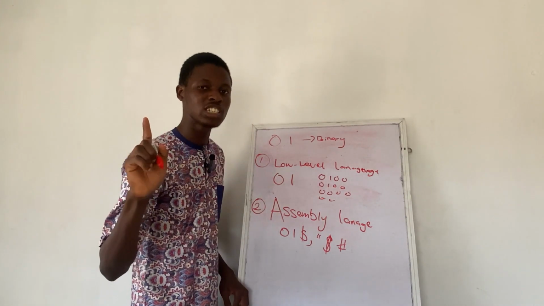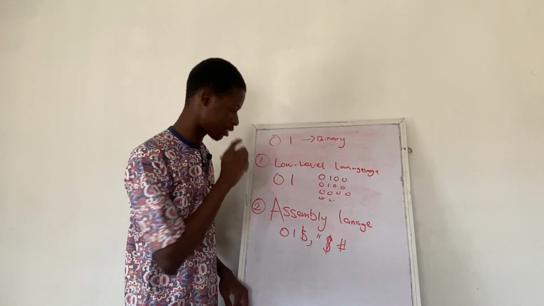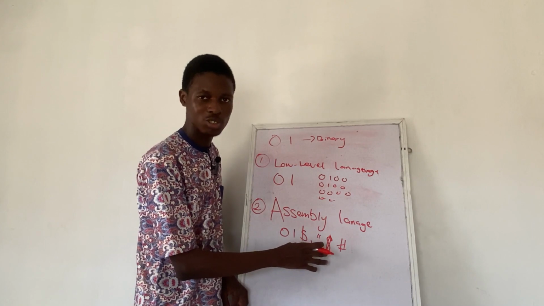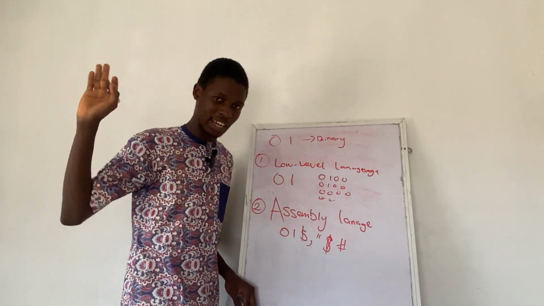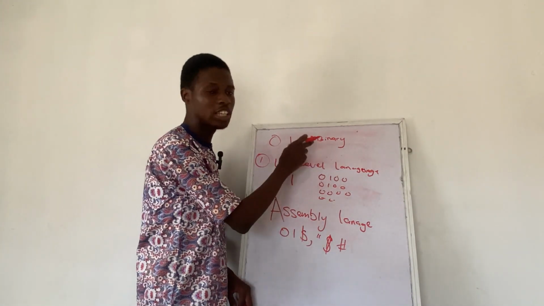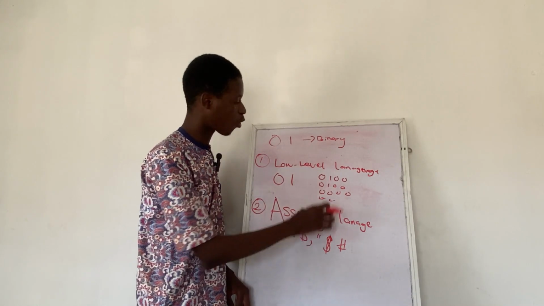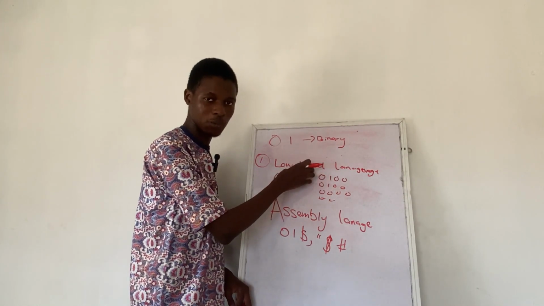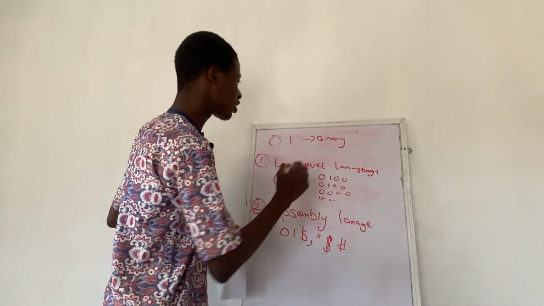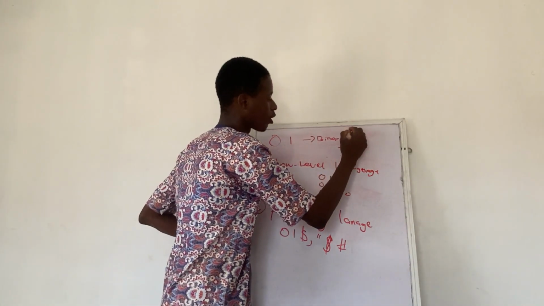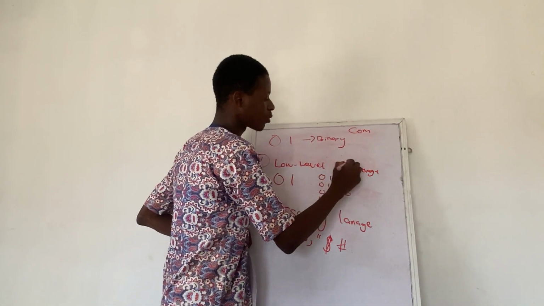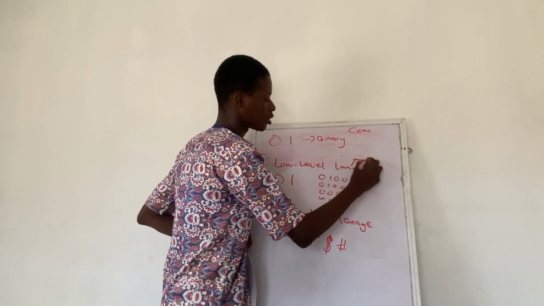One thing you need to understand about this is that when you type this into your computer, that's in the 90s, and for it to be executed by the computer, it needs to be converted into 0 and 1. This is the computer, and this is you writing in assembly language.